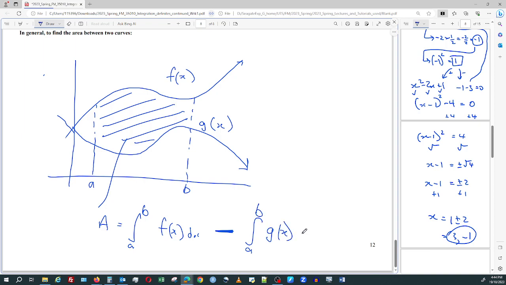Now, knowing which is greater than which is sometimes itself a trick. So establish the interval, and that sometimes can be a bit tricky, if not given.